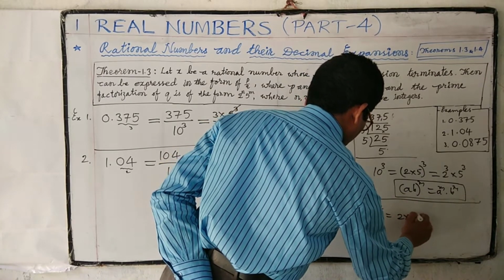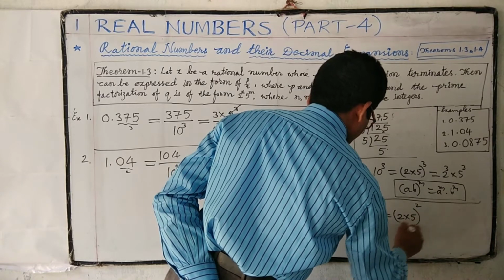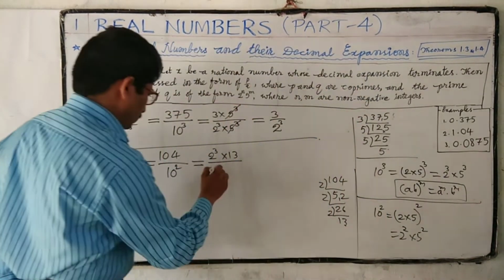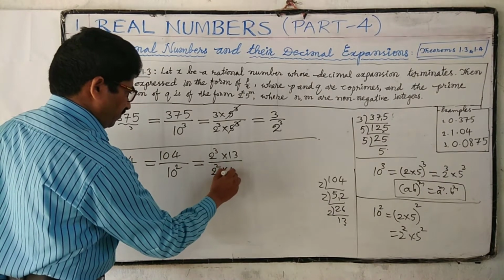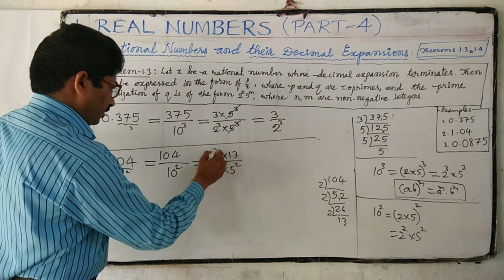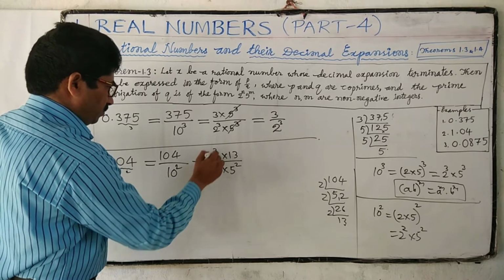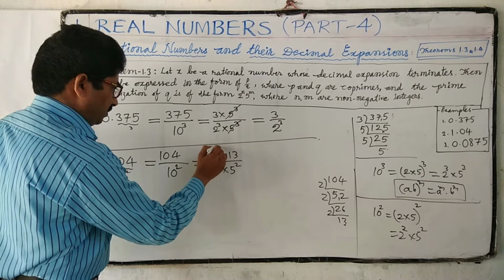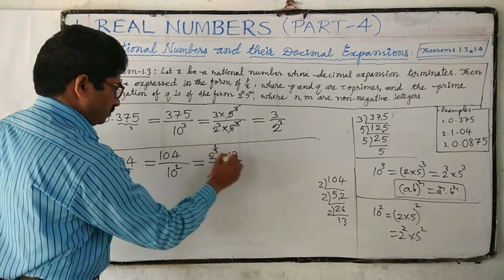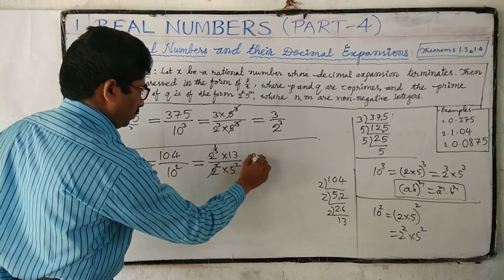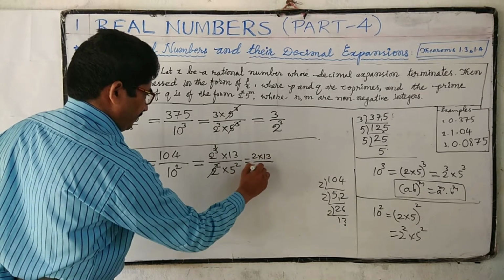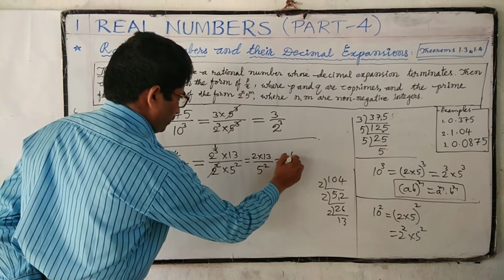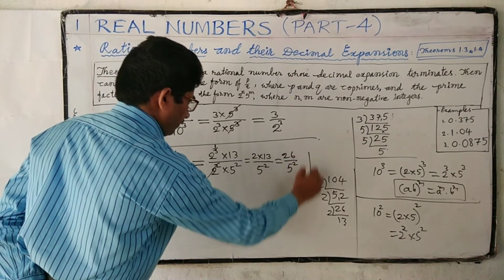10 square is 2 into 5, whole to the power of 2, that is 2 square into 5 square. Here we have 2 square in the denominator and 2 cube in the numerator, so 2 cancels, and 1 remains. So that is 2 into 13 by 5 square, which is 26 by 5 square.